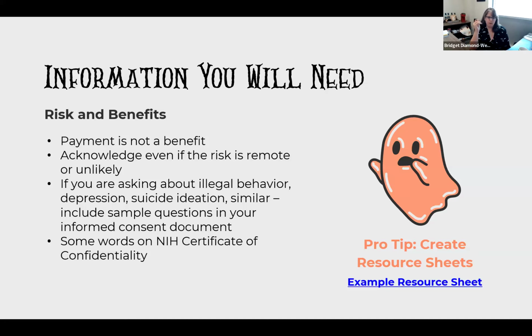But you don't put money there. Money goes on a different part of the informed consent document, where you'll put any kind of compensation, or if you're providing extra credit, you'll put that in as well.